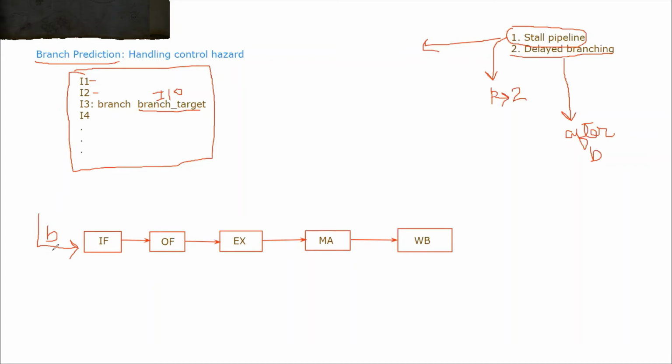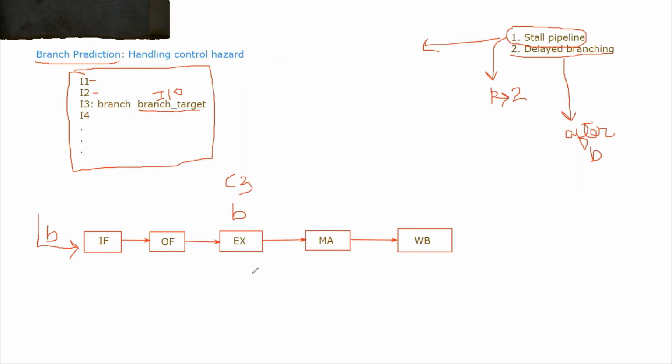Suppose it is fetched in cycle 1; then in cycle 2 it reaches operand fetch, and in cycle 3 it reaches the execute stage. However, whenever a branch is coming, we are stalling the fetch stage. We are not allowing fetch to get any instruction till this branch reaches the execute stage.